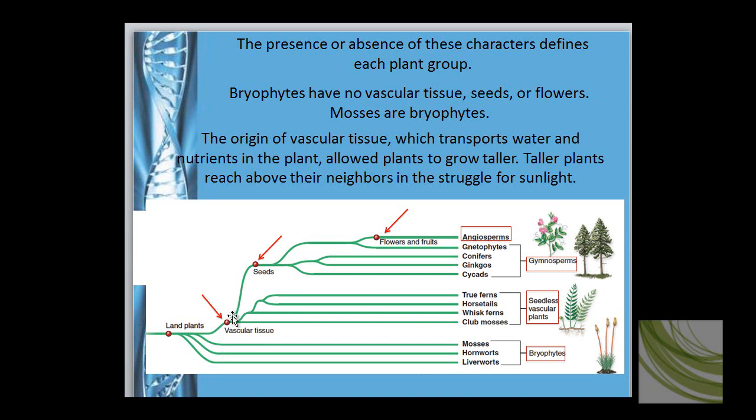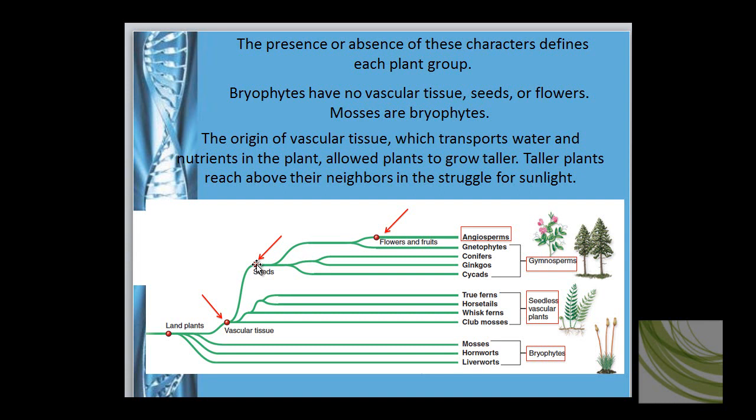All right, the next big one was the development of seeds. Now, seeds allow plants to store energy and nutrients around the genetic material so that when the seed sprouts, it's already got a built-in source of nutrients that it can use and pull to undergo the processes of growth.